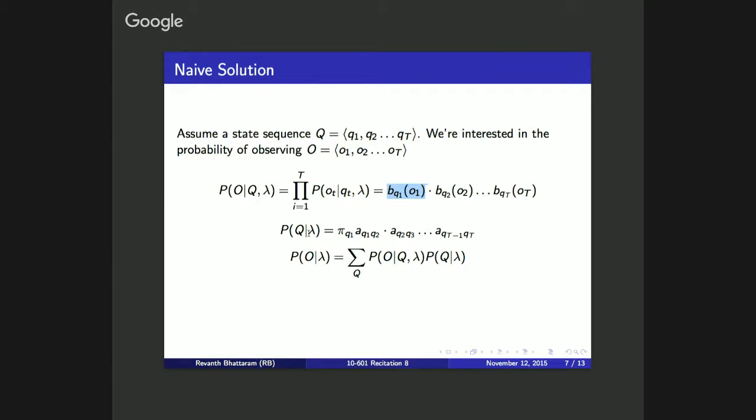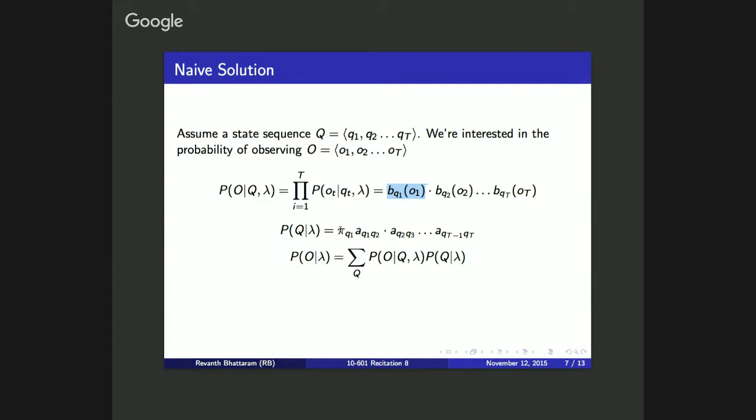So we're looking at, okay, what is the probability that I just see this particular state sequence? Let's not consider the observations or anything for now. Let's just take a look at the state sequence. What is the probability that this state sequence occurs? You would start off in the first state, then transition to Q2, transition to Q3, and that order continues, which is what we get over here.